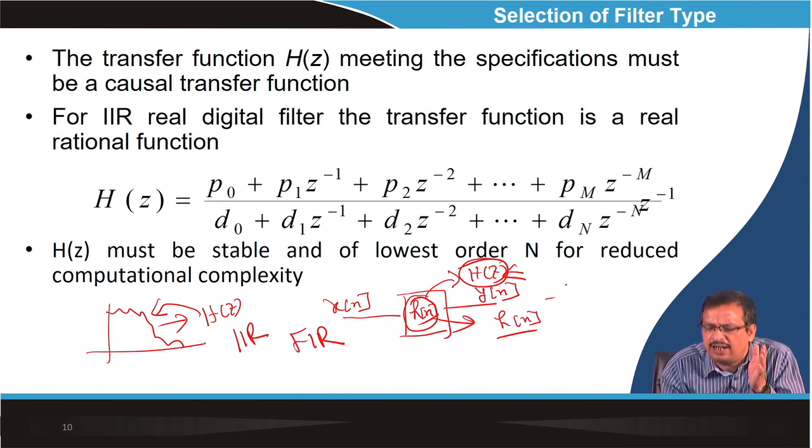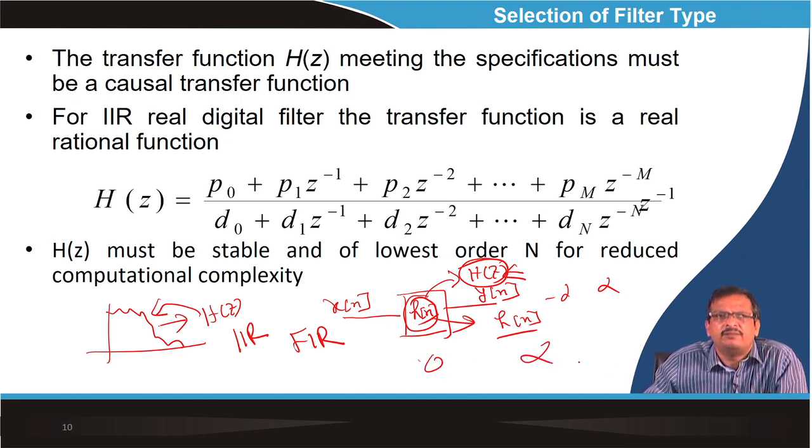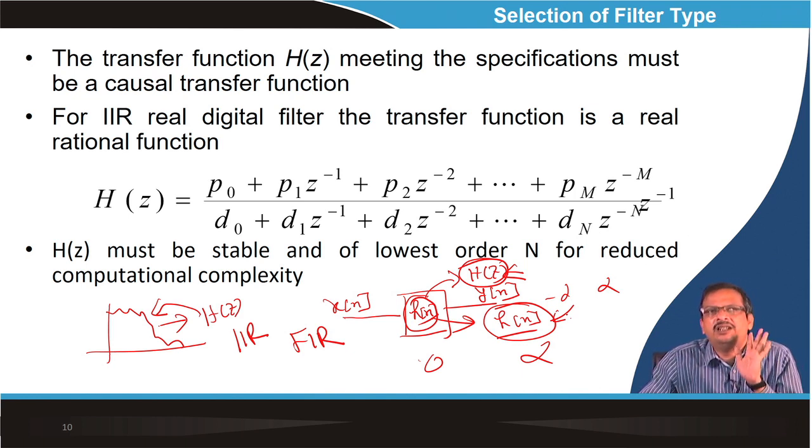It varies from minus infinity to infinity, and if it is causal, it varies from 0 to infinity. So if I am able to implement h(n) which consists of an infinite impulse response, then it is called an IIR filter.